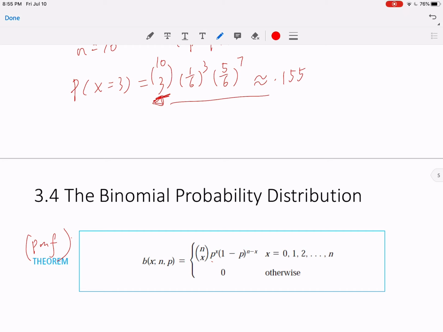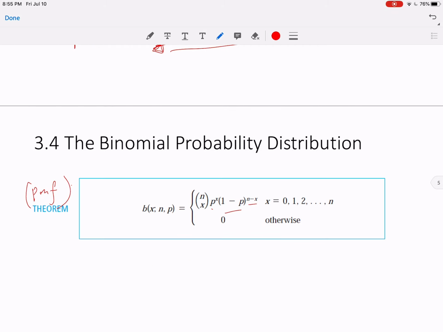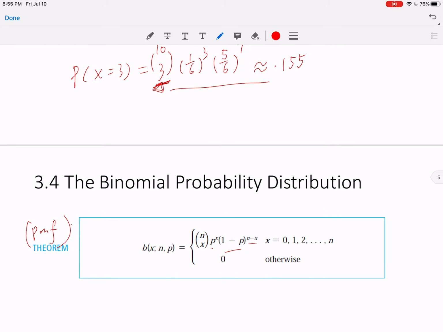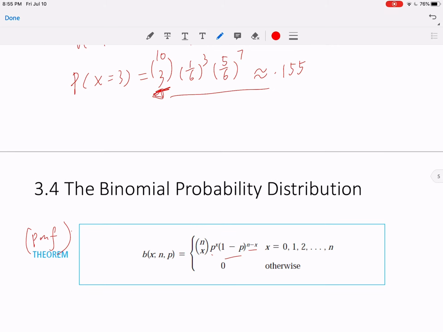And then we're going to have n minus x failures, so it's going to be 1 minus p to the power of n minus x. And then we're going to have n choose x over here, because we're going to have a bunch of different groups of successes and failures. Okay, so that's pretty much the same as what we just went over here.